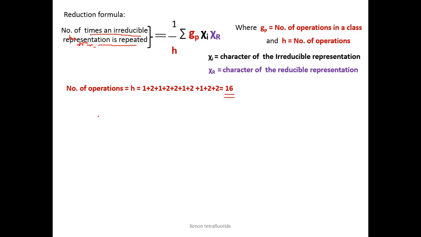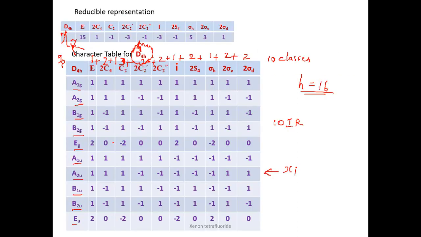Now we will take up the irreducible representation one by one. For example, A1g. When you take A1g, you will take the characters opposite to A1g in the character table. They will be the chi i values. We can forget the remaining numbers in the character table.